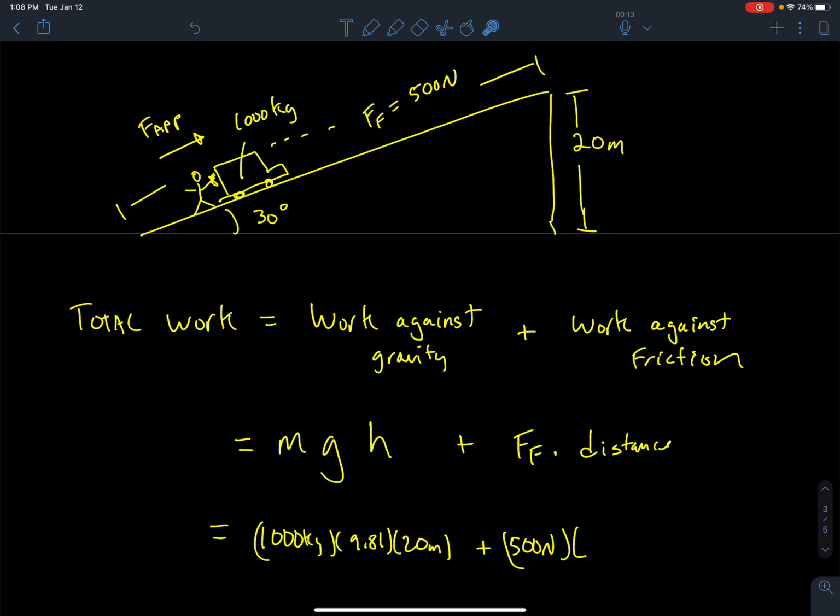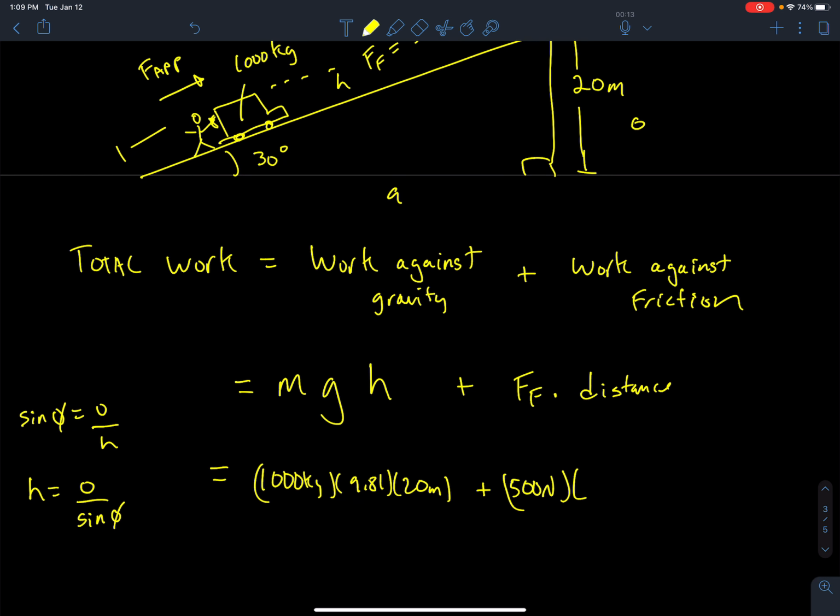Times the distance. Now, how do I calculate that distance of this triangle? It's a right triangle. This is opposite, this is adjacent, this is my hypotenuse. How am I going to calculate that distance? Well, opposite, hypotenuse, that's a sine relationship. So I remember sine theta is equal to opposite over hypotenuse. So if I want to solve for the hypotenuse, my hypotenuse is equal to opposite over sine theta.